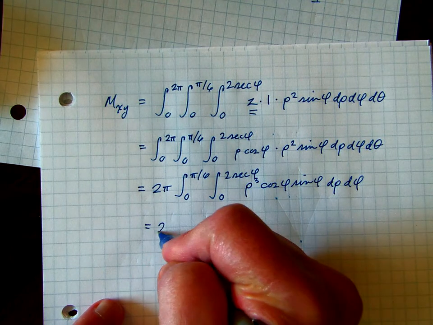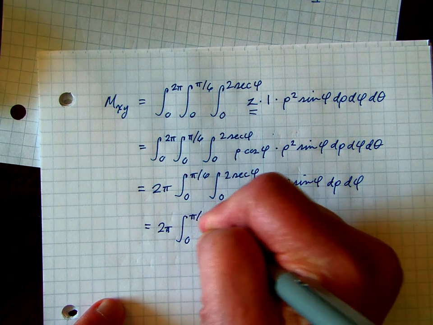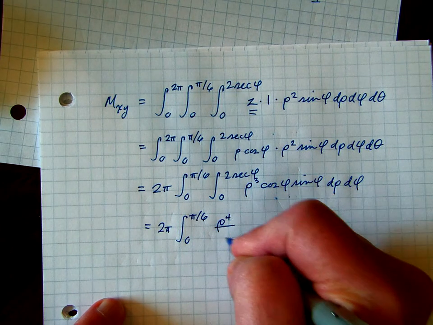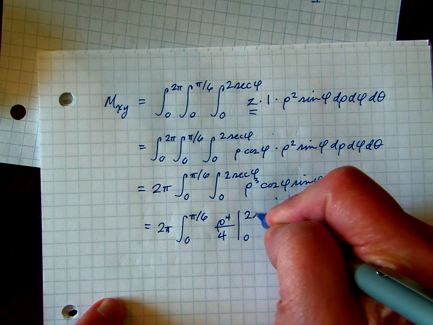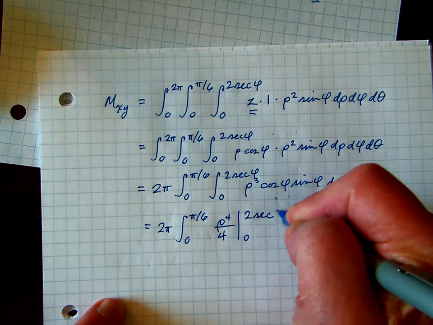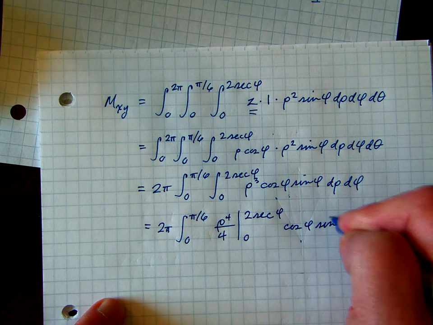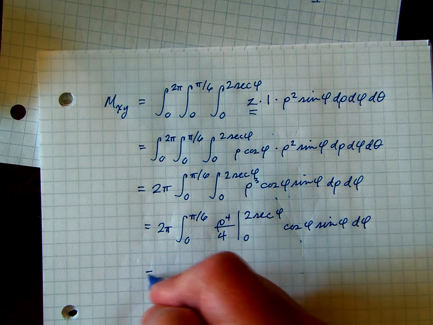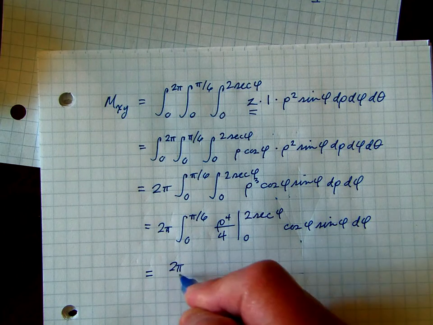The first integration is pretty straightforward. Rho cubed becomes rho to the 4th over 4 from 0 to 2 secant phi. And we still have the cosine, we still have the sine, and we have d phi waiting its turn. So here's 2 pi. Here's the 4.